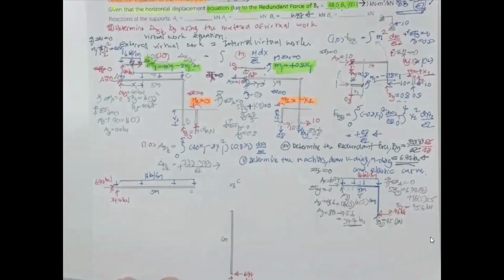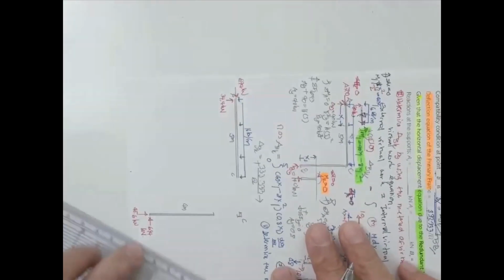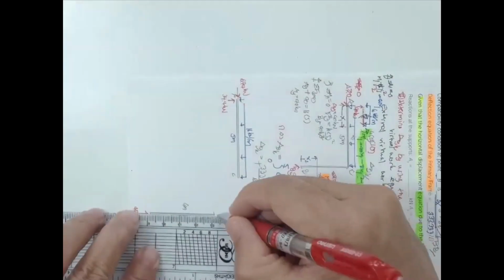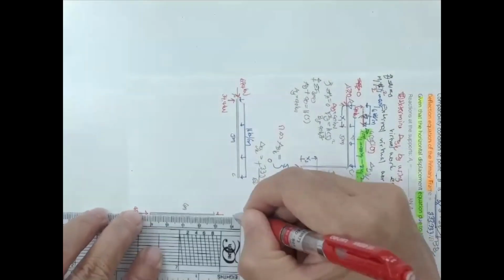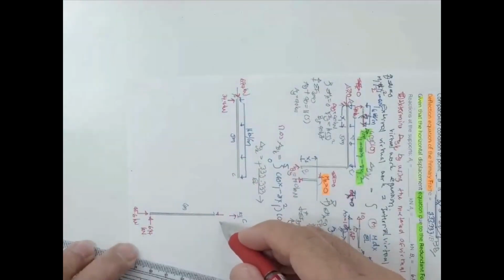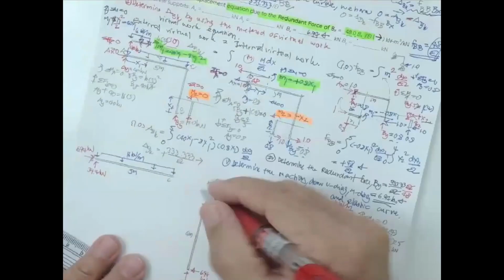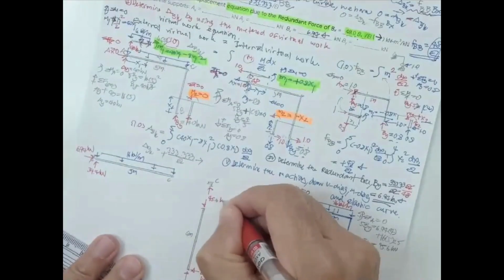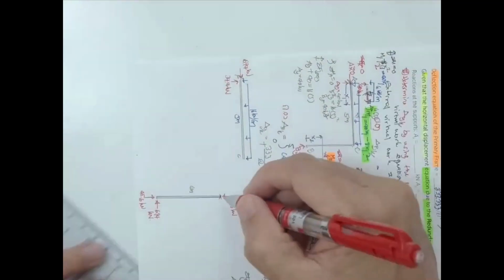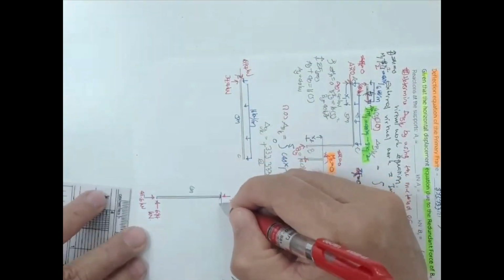Okay, so based upon this one, if you consider this portion, you should have this normal force, and you don't need to do the calculation. You can see this is going to be 45.6 kilonewton. And then over here, you should have the force going to be downward.